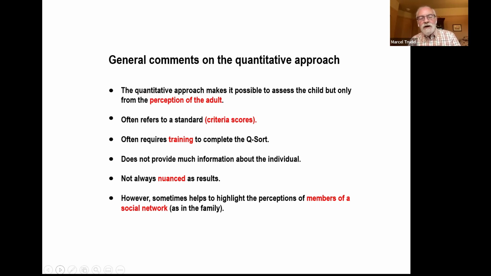It often requires training to use the Q-sort. It does not provide much information about each individual, except the student I mentioned before. It does not always give nuance in the result. However, sometimes it helps to highlight the perception of a member of the social network, like the student realized in the preceding example.